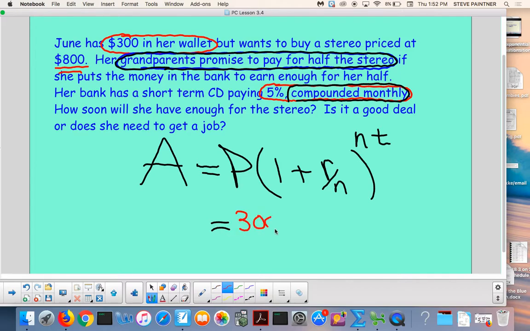But wait, she wants 300 to go to what number? 400. She wants her 300 to grow to 400 so she can pay for her half.